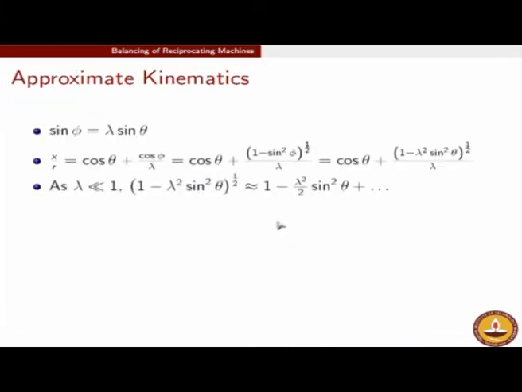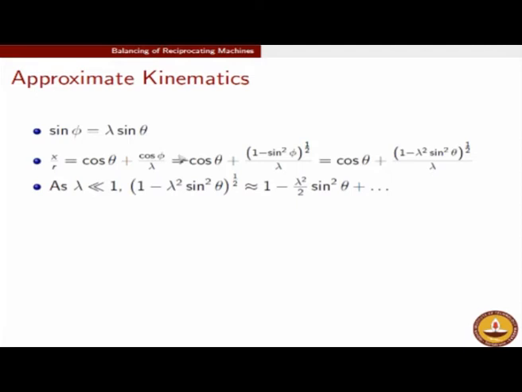do an approximate kinematic analysis, and the basic premise of the approximate kinematic analysis was that you define a variable called lambda, which is nothing but crank radius divided by connecting rod length.